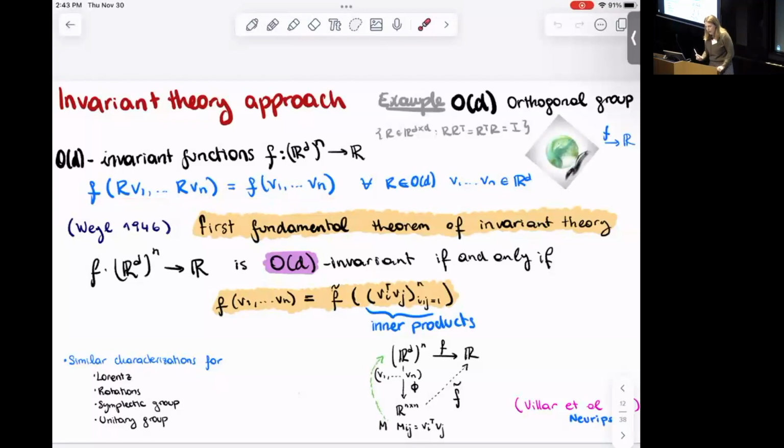And the first fundamental theorem of invariant theory for O(d) tells you that a function is O(d) invariant if and only if you can write it as a function of the inner products of the input vectors. So any invariant function can be written in terms of the inner products of the input vectors. You can compute the inner products, and any function that you obtain will be invariant, and vice versa.